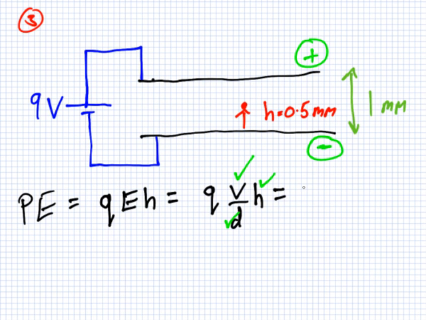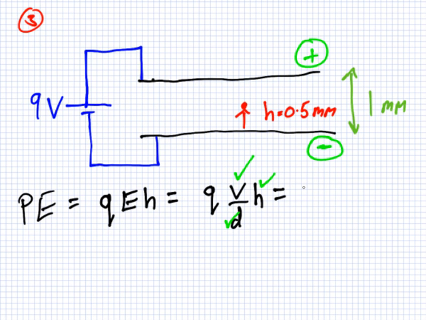Half a millimeter over 1 millimeter is a half, regardless of the units. Even if it's converted into meters, centimeters, inches, feet, miles, light years, half of the unit of measurement over the unit of measurement is a half. The units cancel.